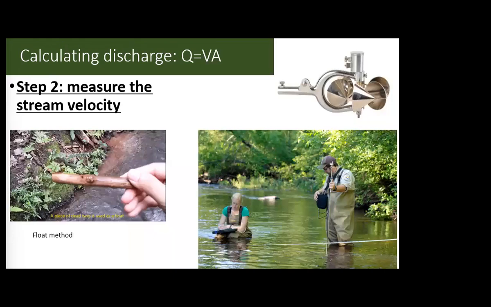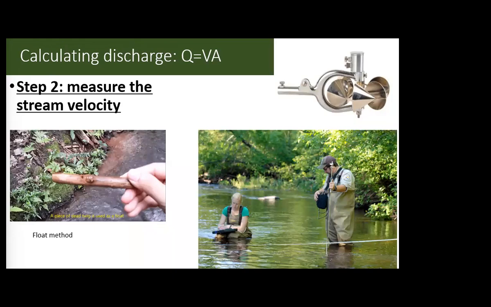Now we're going to measure the velocity. So there's a really simple way to measure velocity that some geologists do, if they just want a rough estimate. You measure out a meter, you throw a stick a meter in front of you, you count how long it takes to get to you, and that's your velocity in meters per second.